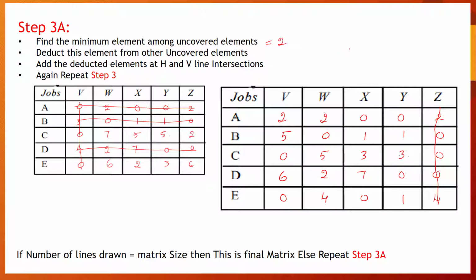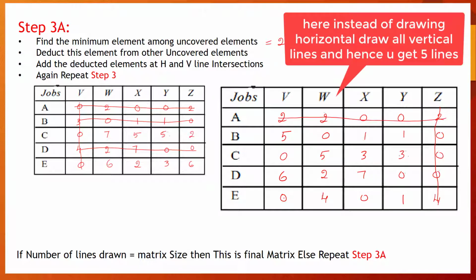So we remove the one column, then we can draw this line, which will cover 2 zeros, and this line can also cover 2 zeros, and again even if we do like this, or like if we do like this in vertical or horizontal also, we need to draw 3 lines itself. So 1, 2 and 3. So here we have number of lines drawn equals to 5 and the matrix size is equals to 5.